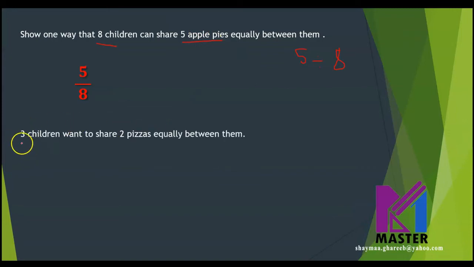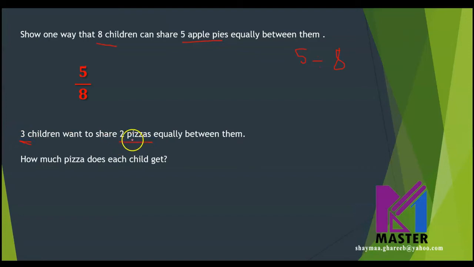One more question. 3 children want to share 2 pizzas equally between them. How much pizza does each child get? So, what is the shared amount? The pizza. We want to share the pizza among 3 children.